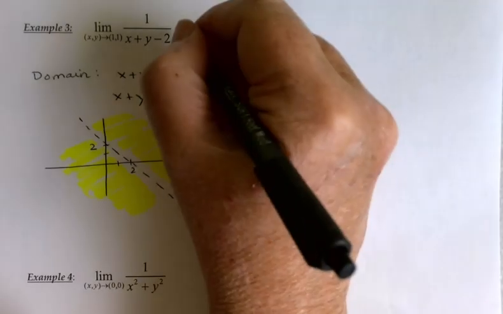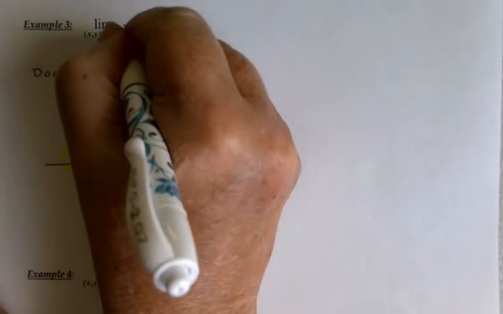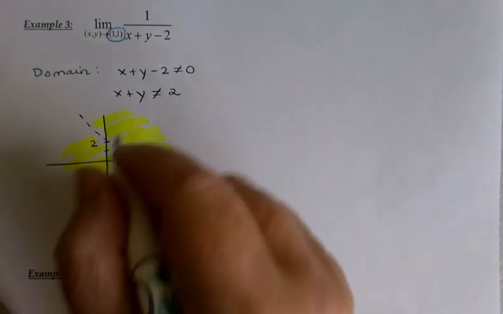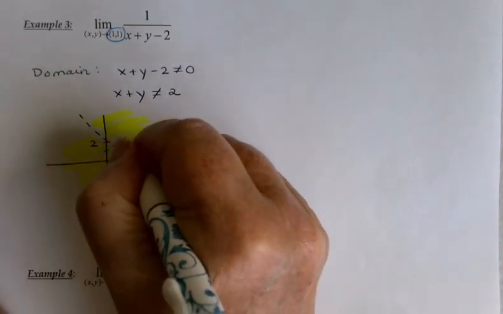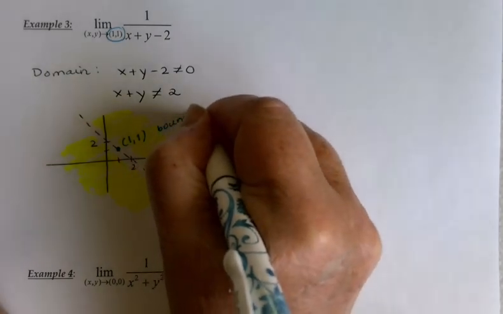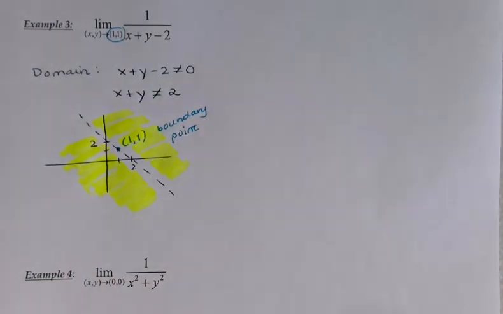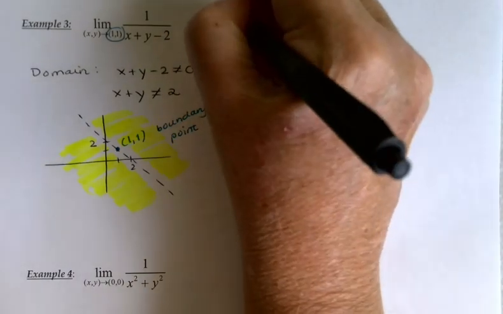All right. First of all, let's talk about the point itself. The point 1, 1, clearly 1 plus 1 does equal 2. The point 1, 1 is a boundary point. So not surprisingly, we're expecting trouble when we try to substitute this in. But we'll try anyway.